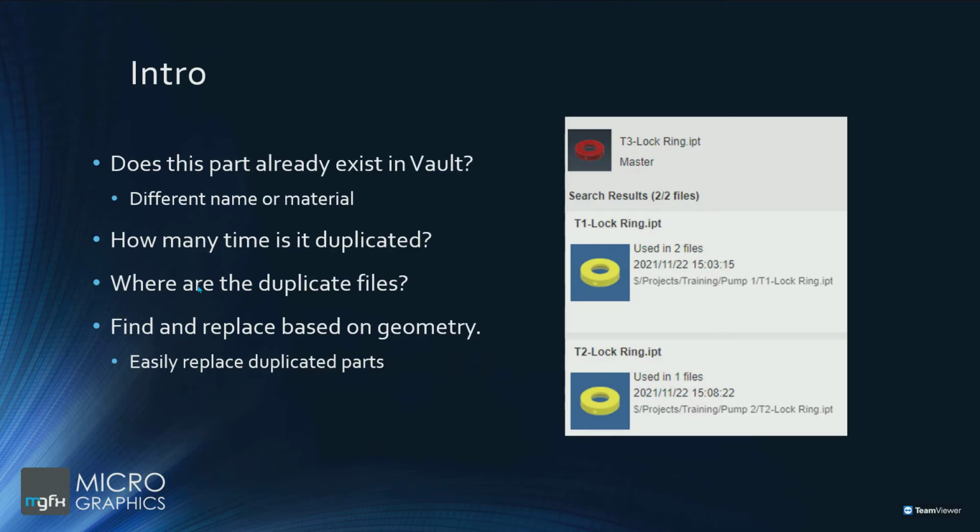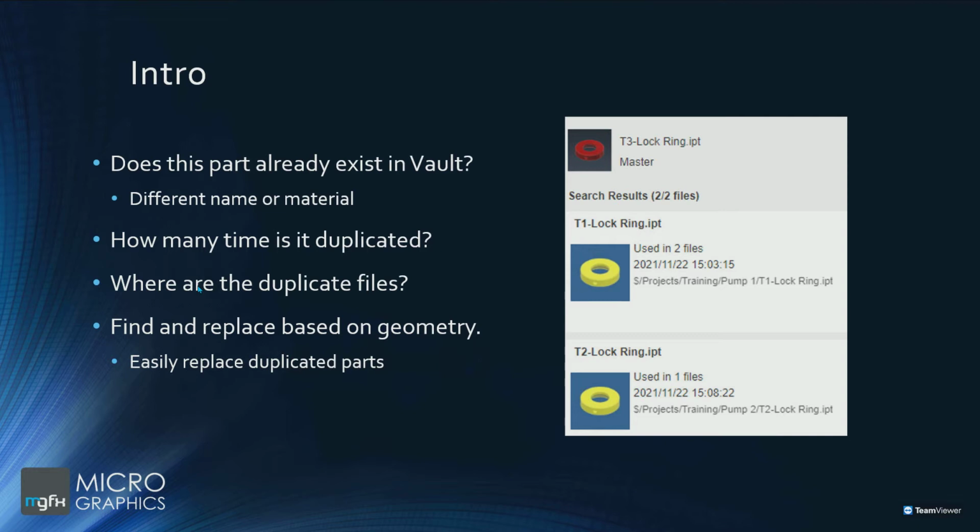So for our intro, as a designer, as you're busy designing, you may have components in the design already, and you may wonder, is this part already in Vault? You may have copied it from somewhere else, or pulled it off a server, and you have it in your design, but now you want to know, does this actually already exist in Vault?